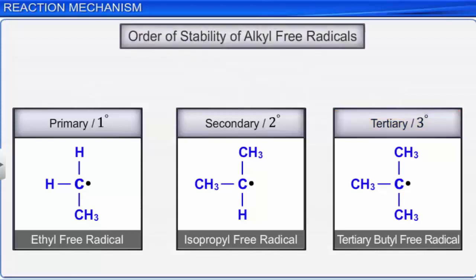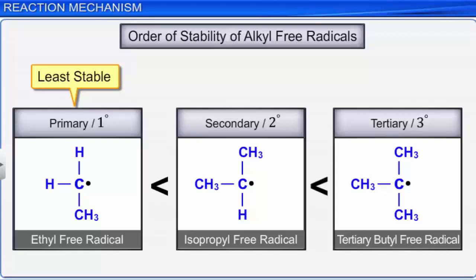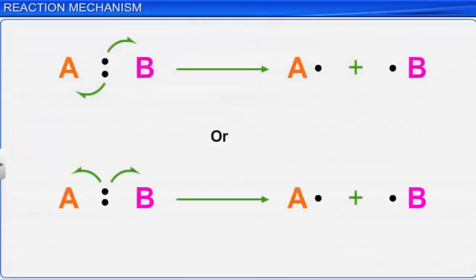Greater is the number of alkyl groups, greater is the stability. Hence, primary alkyl radicals are the least stable, while tertiary radicals are the most stable. The organic reactions preceded by homolytic fission producing free radicals are called free radical or homopolar or non-polar reactions.